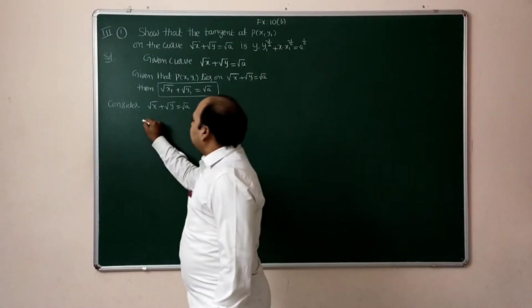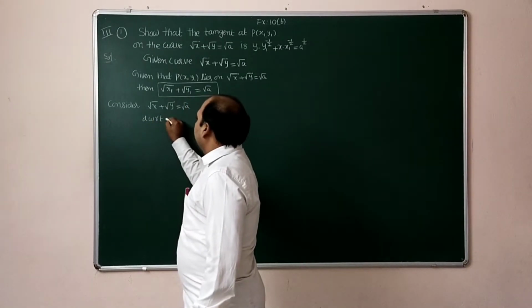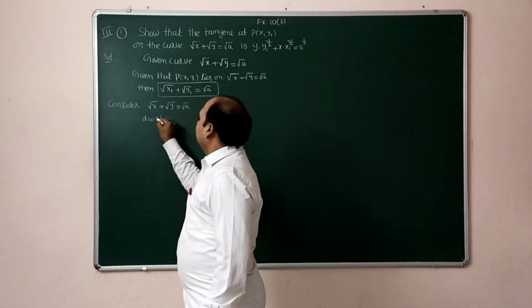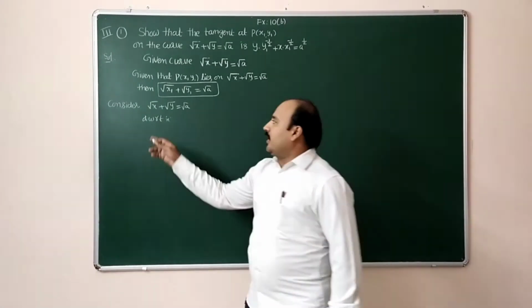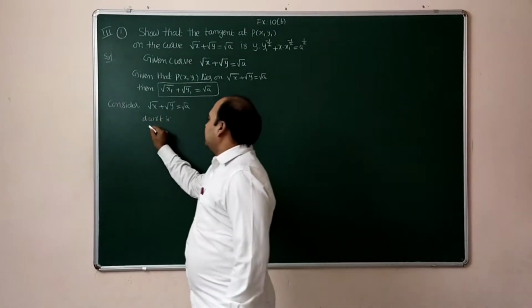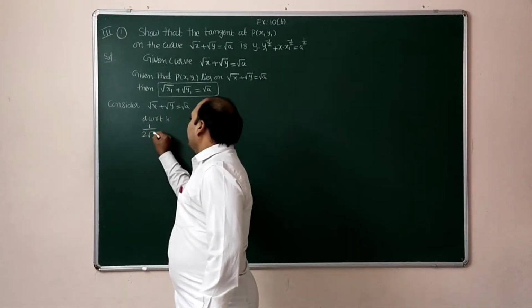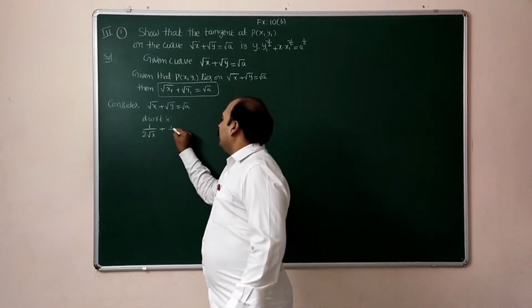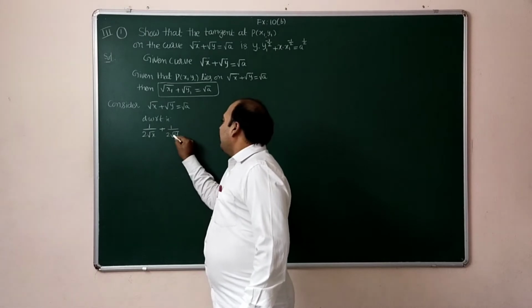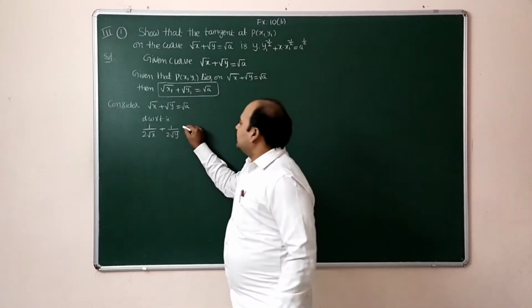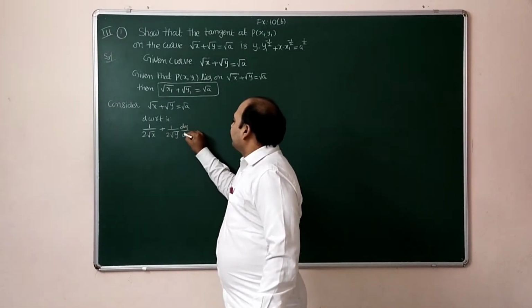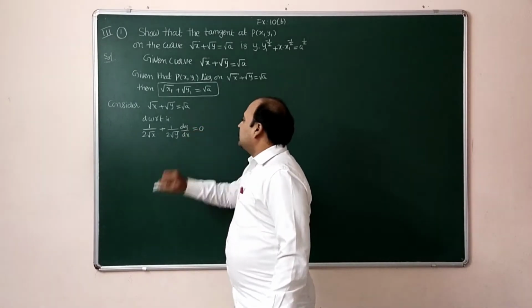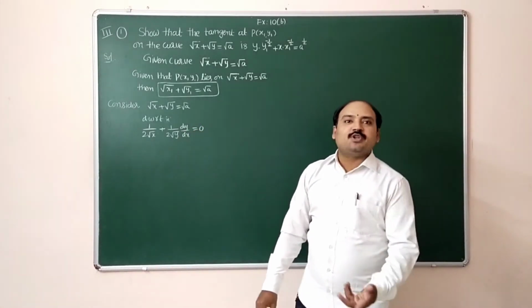Differentiate with respect to x. d by dx of root x is 1 by 2 root x, plus d by dx of root y is 1 by 2 root y, and y also differentiate with respect to x, dy by dx, which is equal to root a is a constant whose derivative goes to be 0.